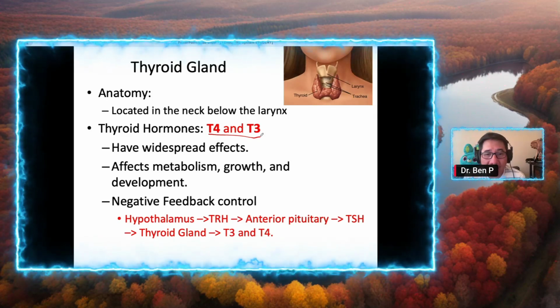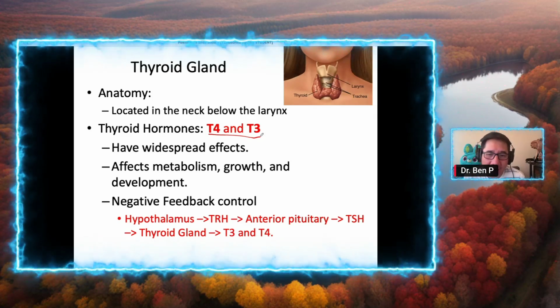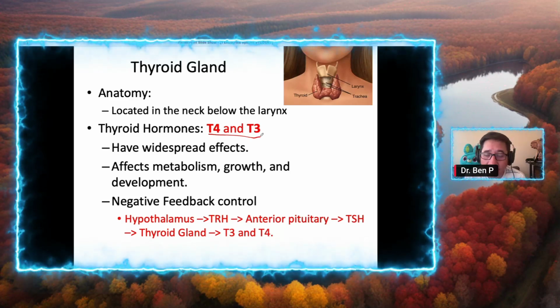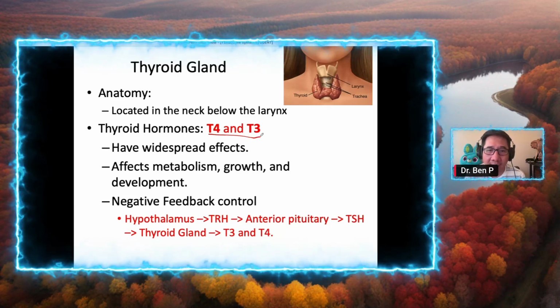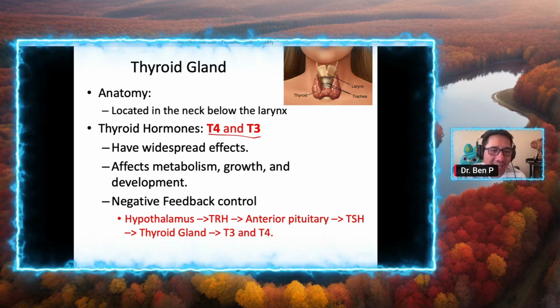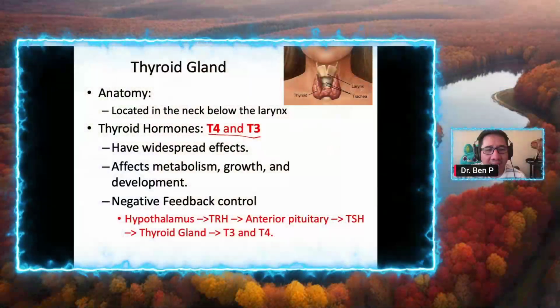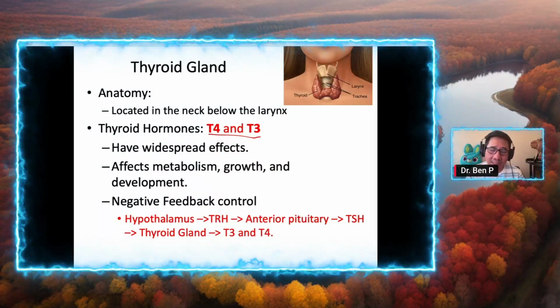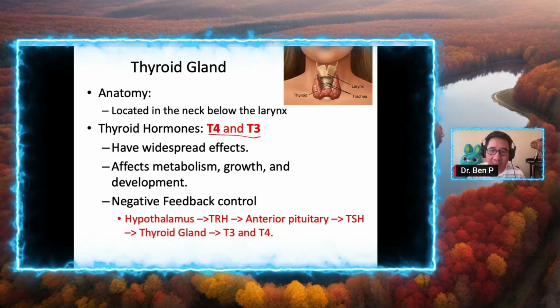T4 has 4 iodine, so let's guess how many iodine T3 has. That's right, it has 3 iodine. So T4 has 4, T3 has 3.